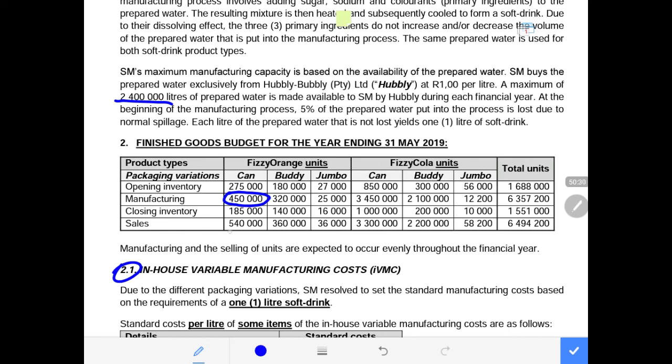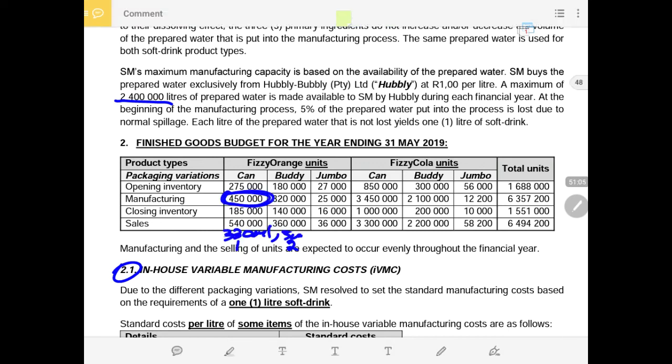This product has 330 milliliter units, and we count them individually: 1, 2, 3, another 330, 4, 5, 6, 7, up until we reach 450,000 units. In other words, the 450,000 indicates the number of units. It does not indicate the number of liters or milliliters. So for each unit we need to multiply by 330 and divide by 1000.